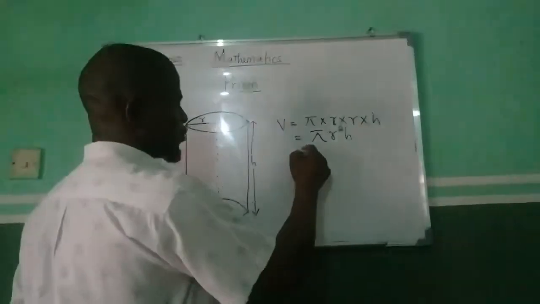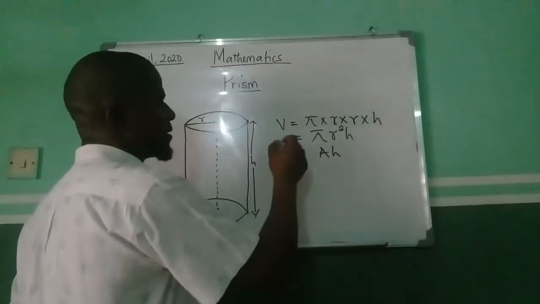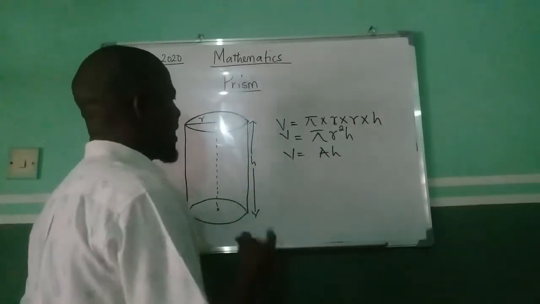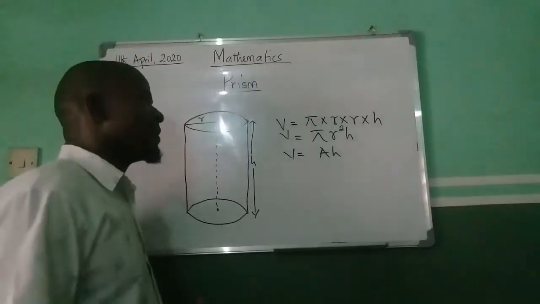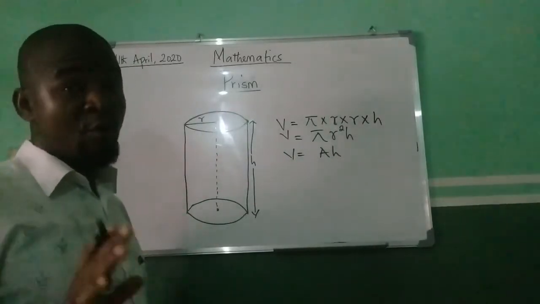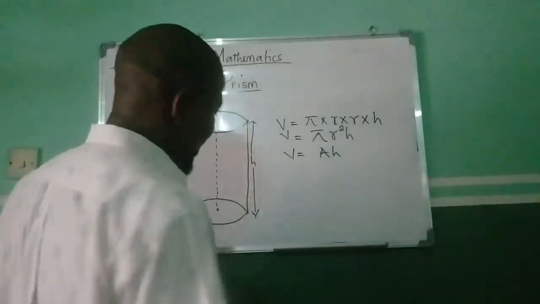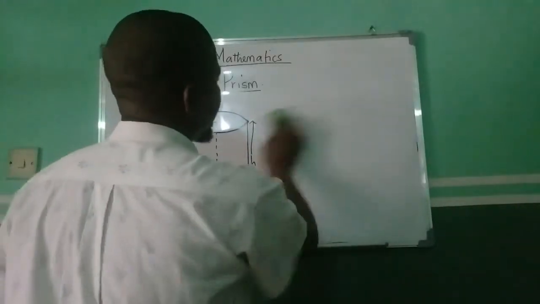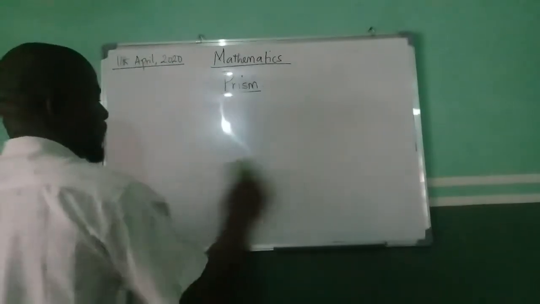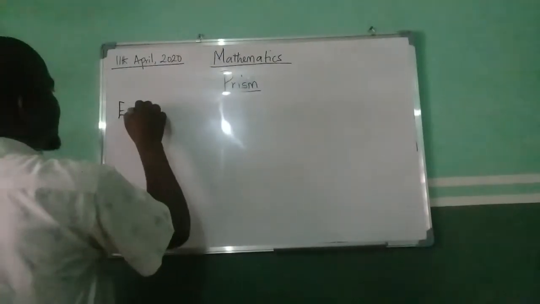Another form could also be the area times the height. Okay, the area of any of its bases multiplied by the height. I hope we are together. All right. So now very quickly, let's take an example to see how this can actually be solved. Example 1.